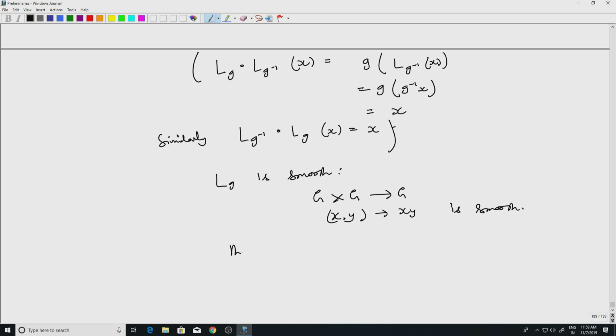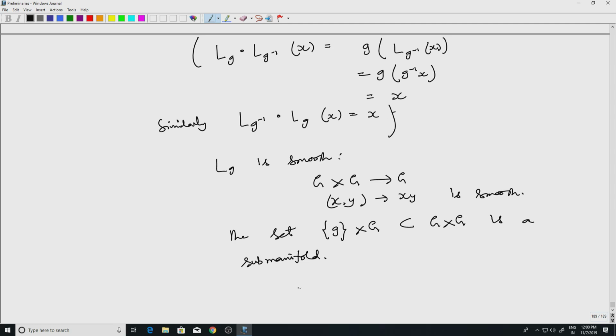So the set {g} cross G contained in G cross G is a submanifold. This is a more general fact about product manifolds. We had seen it earlier. In any case, let me just mention it again.